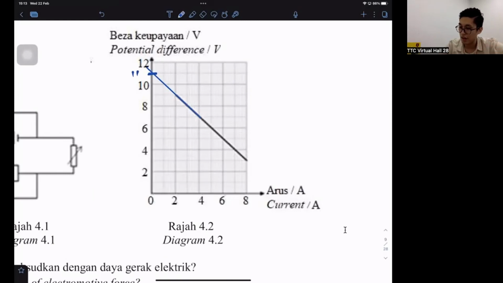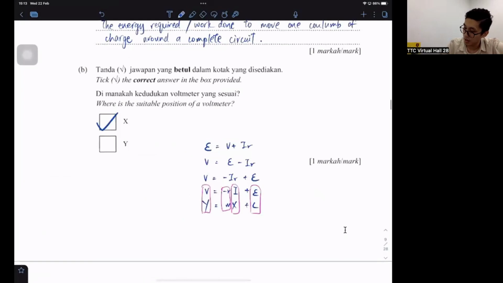But if you want to be safe, you don't use the point that you draw. You use the one that he drew. He drew it here just now until here. So this is 2, 9, also can use. So y2 minus y1, whichever way you want to do, this minus this, or 3 minus 9 also can. So 9 minus 3, divide by x2 minus x1, 2 minus 8.